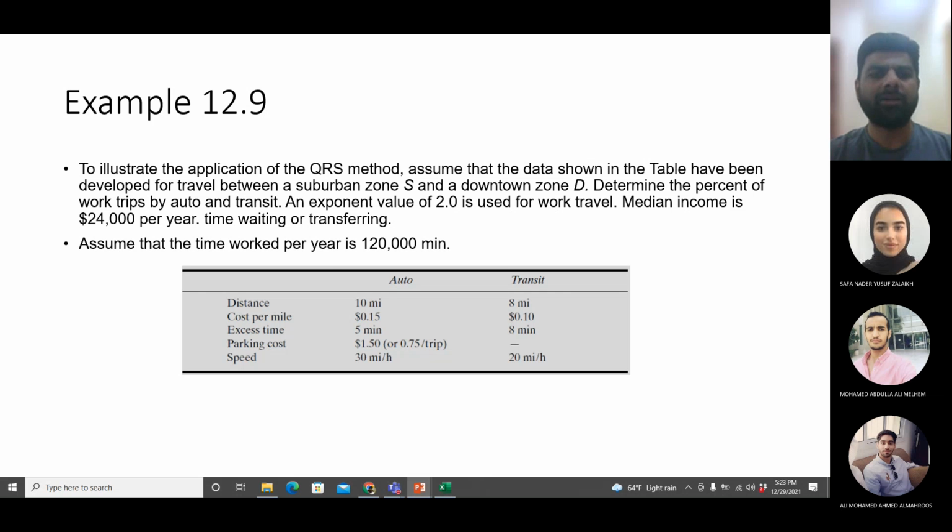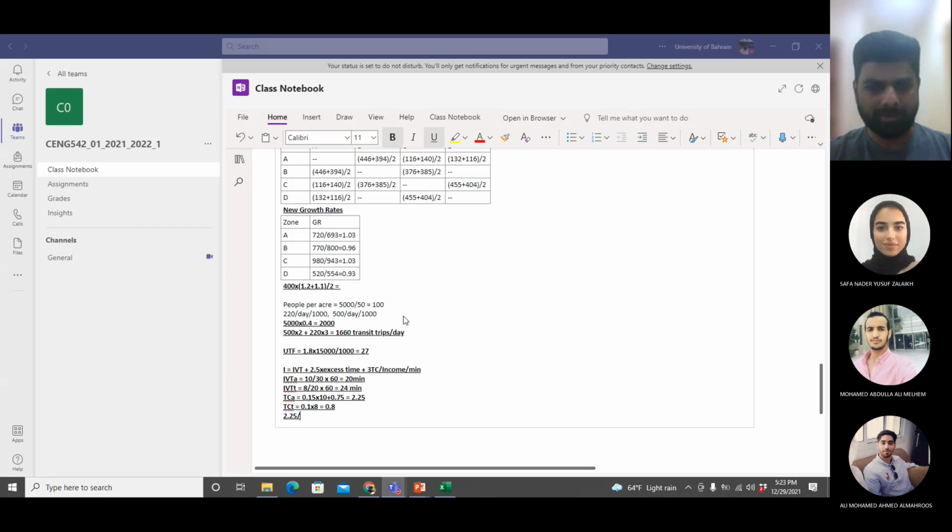So 24,000 divided by 120,000. Okay, so this whole thing is in the denominator: 24,000 upon 120,000.